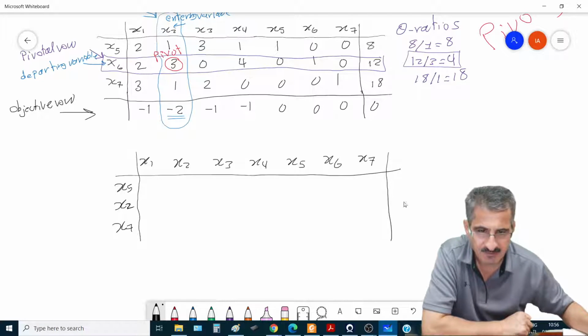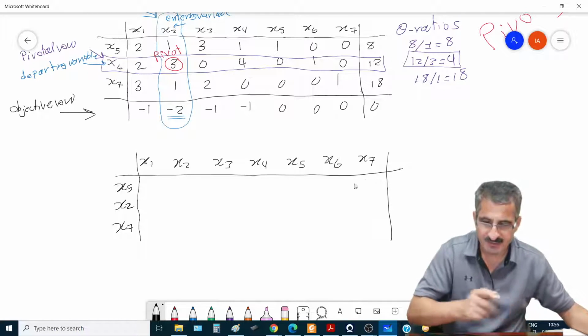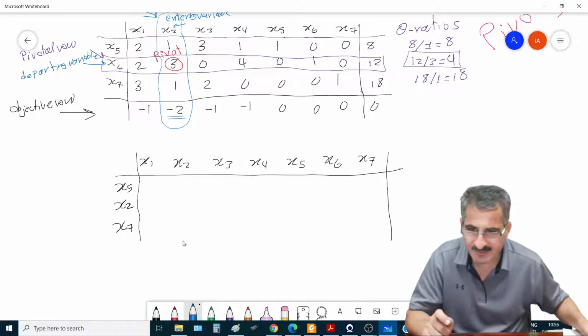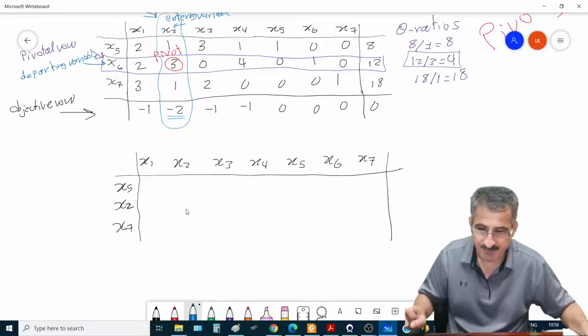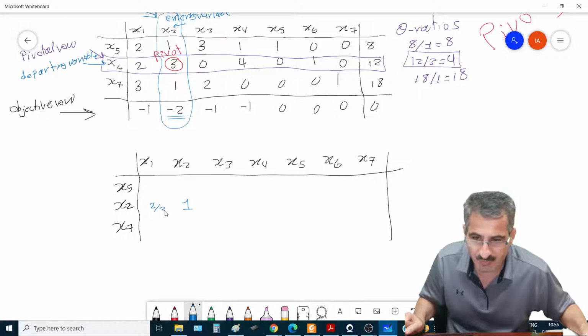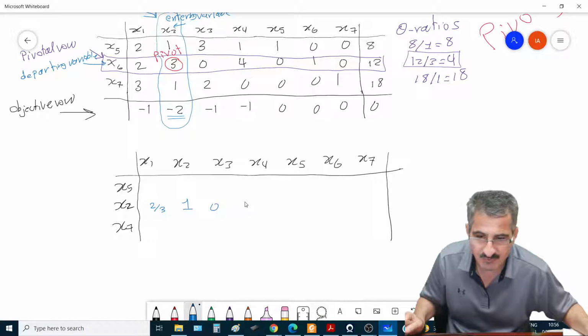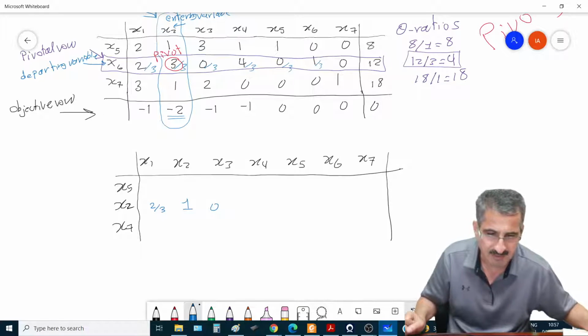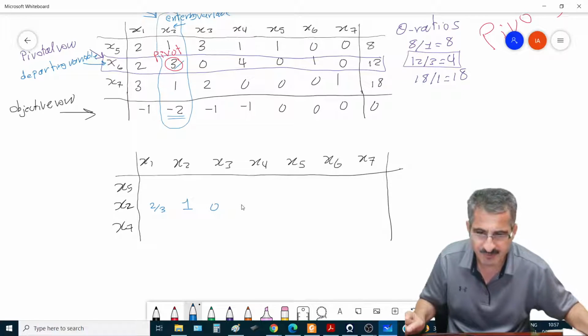Okay, and now the second row will be replaced by dividing everything by 3 so that the pivot is 1, and this will be 2 over 3, this will be 0. So we are dividing everything here by 3, right? You don't have to write that in your solution this way, but I am just explaining here. So let me remove them. Divide by 3, so I get 4 over 3.